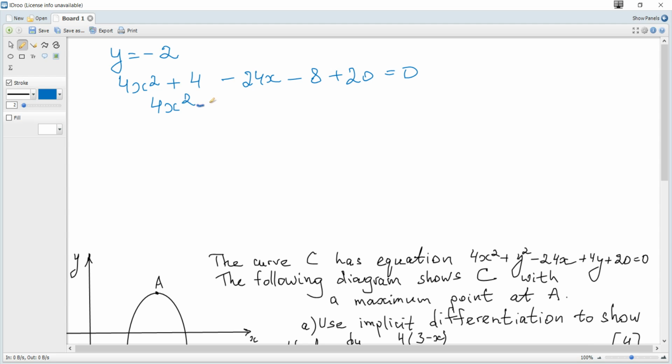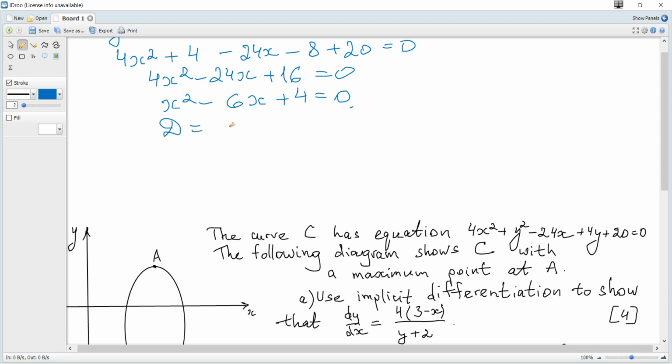It becomes 4x squared minus 24x plus 16 is 0, and we can divide by 4, and using the discriminant b squared minus 4ac, it's 20, and the roots are minus b plus or minus root of d, it's 4 times 5, so it's 2 times root of 5, divided by 2a, which is just 2.